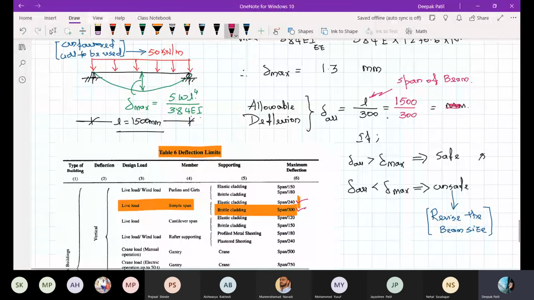Okay, not 1.3, pardon. Allowable is 5 millimeters.